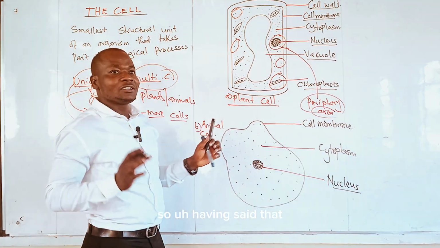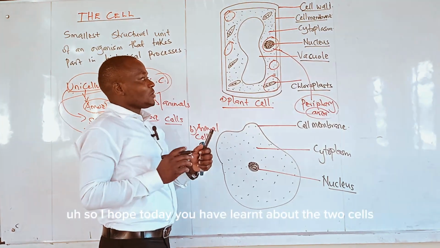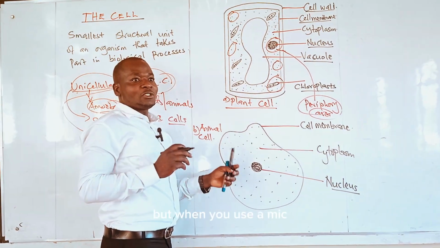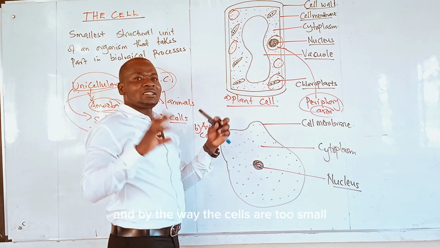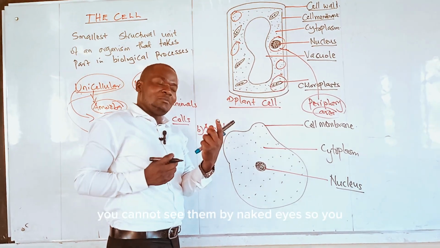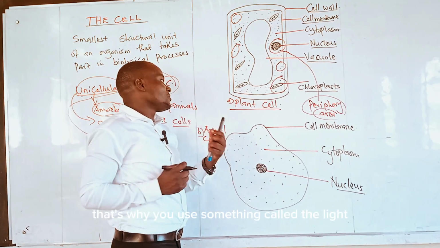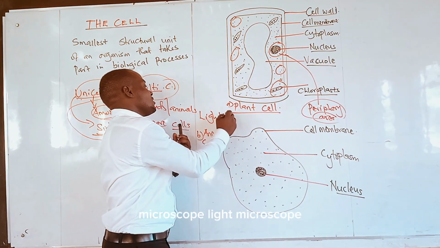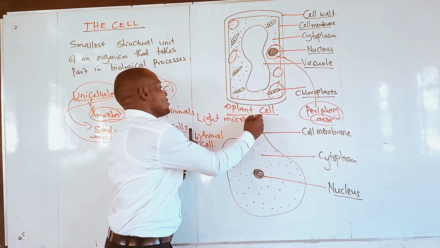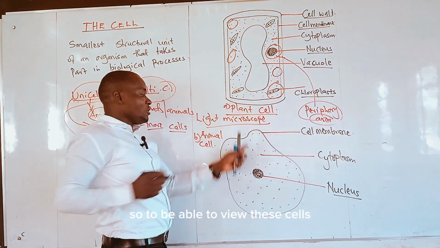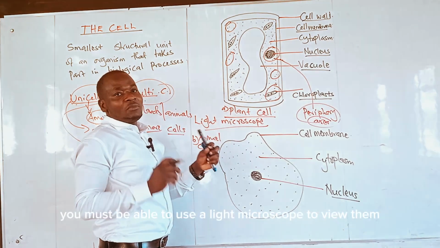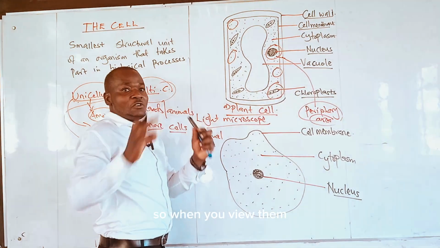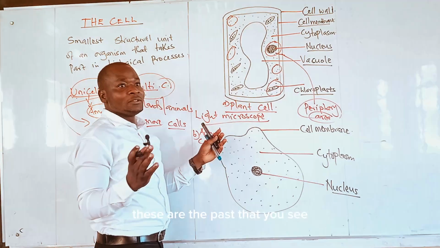So having said that, I hope today you have learned about the two cells. By the way, cells are too small. You cannot see them with the naked eye. That's why you use something called a light microscope. To be able to view these cells, you must use a light microscope. When you view them, these are the parts that you will see.